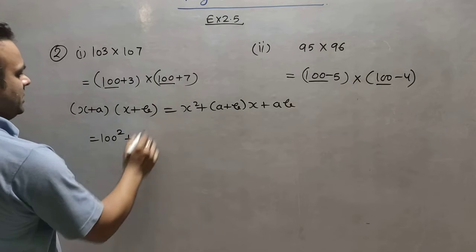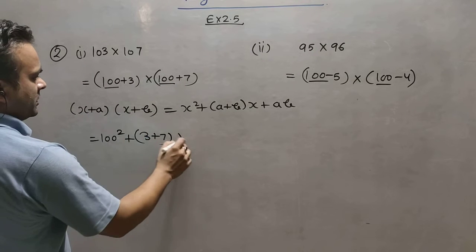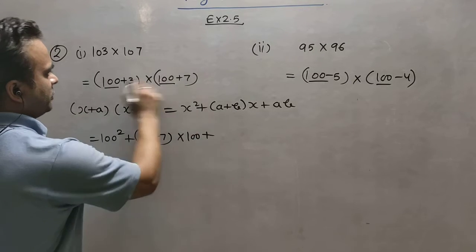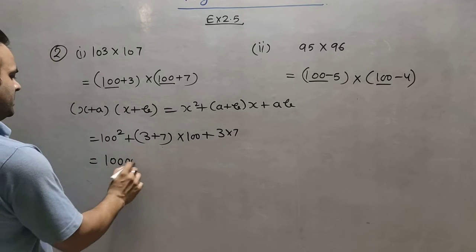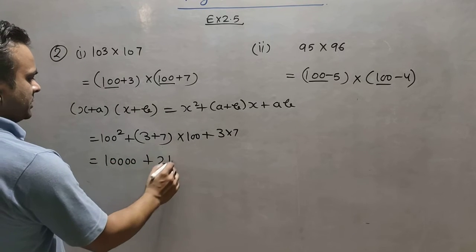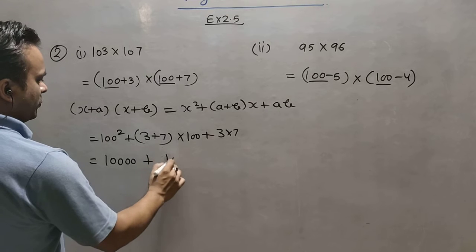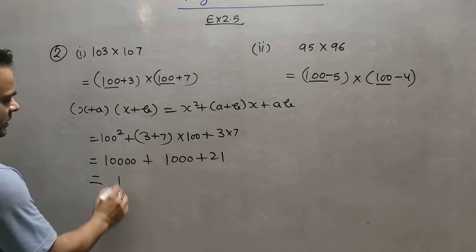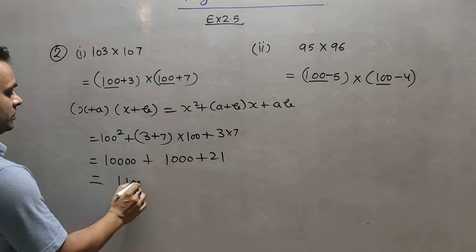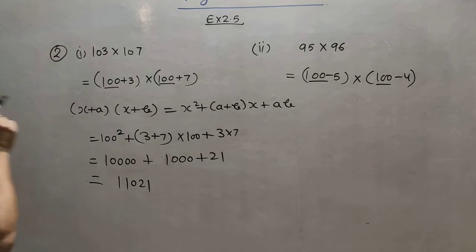Plus what is a and b? 3 plus 7, and x is 100. And what is 3 into 7? 21. So it is 10,000 plus 1,000 plus 21. So which one is better? 1, 1, 0, 2, 1. Isn't it?